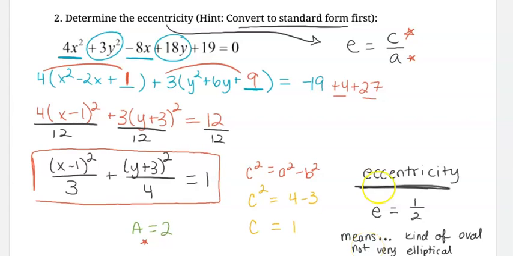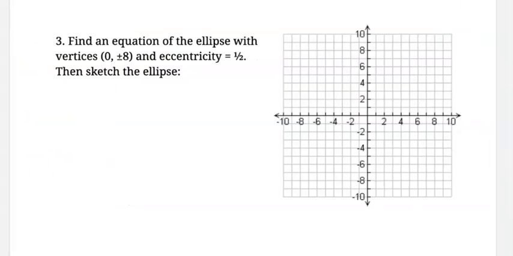To be highly eccentric, you want to be much closer to 1. You want to really have the c value and the a value be closer together. Okay? So this is not very oval in shape. If you were to stretch it out, you would see that the width and the height are pretty close. It's closer to being a circle than it is to being an ellipse.